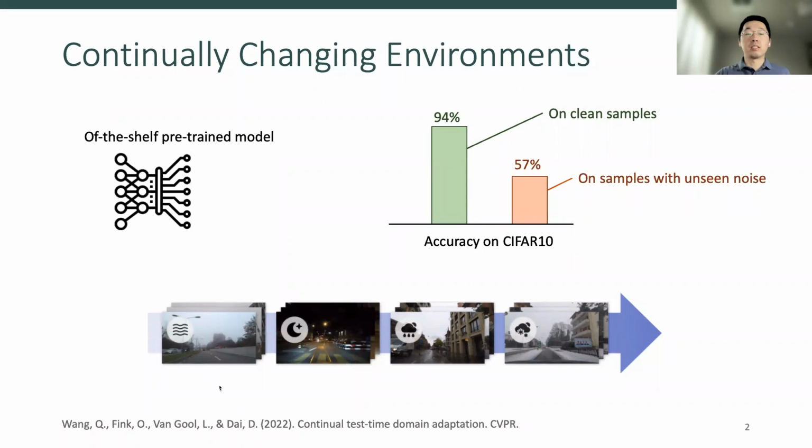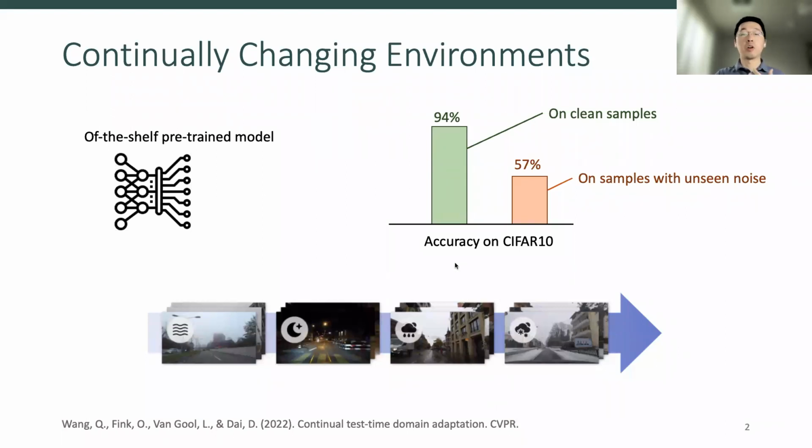More generally speaking, these changing environments could mean different noise or different data distributions. Here we define this notion in terms of noise, and we want to make the model robust to this changing noise or changing environments. Here is a simple example.